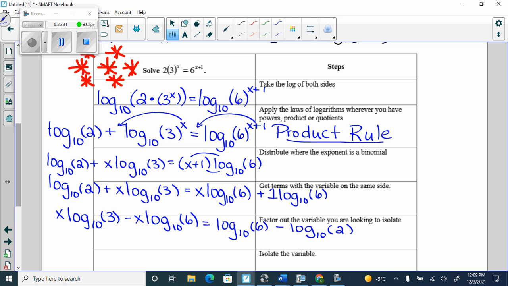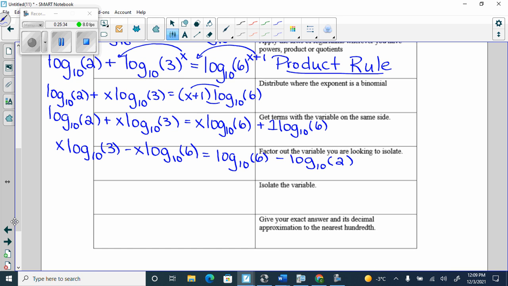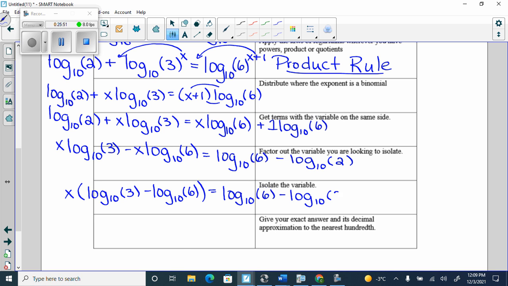And then I do what? Take an x out. And then I can just divide it over, right? Do you see there's only one extra step? That's it. So you have to get past that product rule step. And then by adding them, and then boom, life is easy. Well, as easy as these questions are.